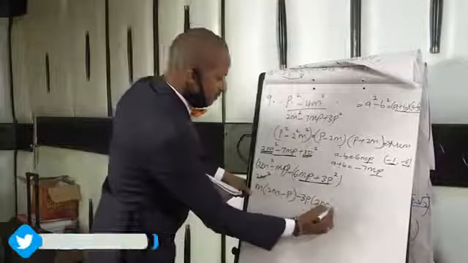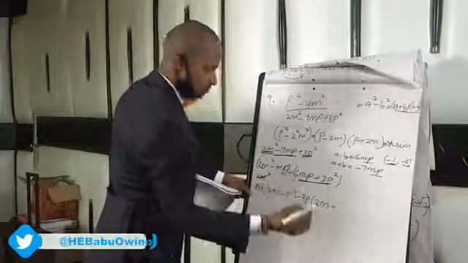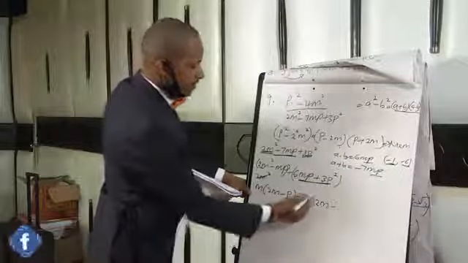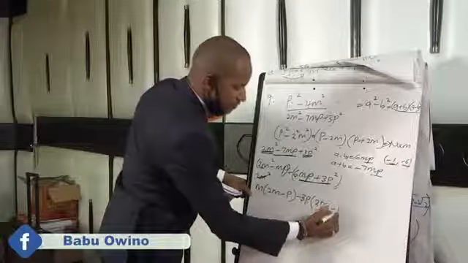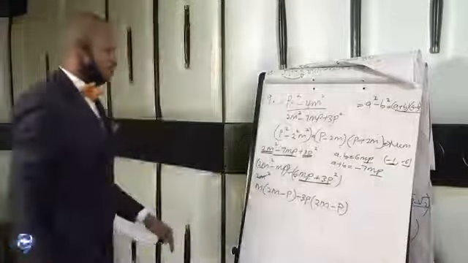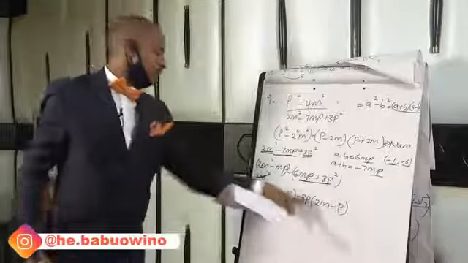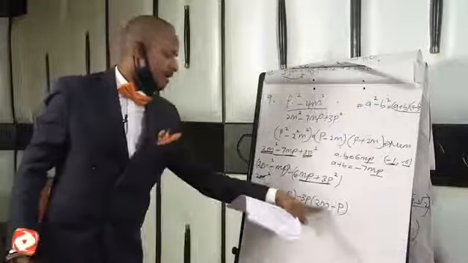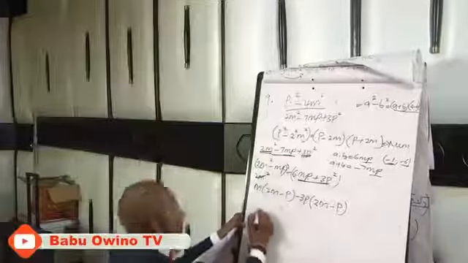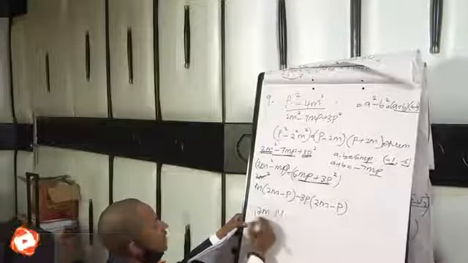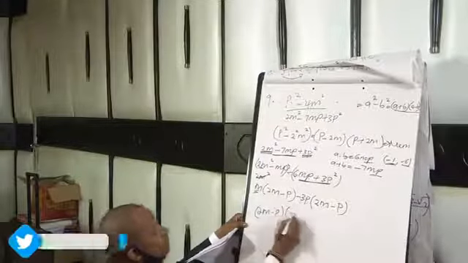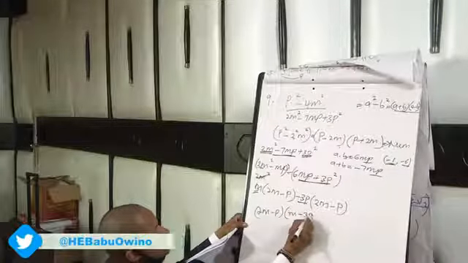Minus times minus is plus. 3p goes into 3p squared how many times? P times. Therefore, as you can see in our brackets, we have 2m minus p, again 2m minus p. So you just collect them together: 2m minus p, times m minus 3p.